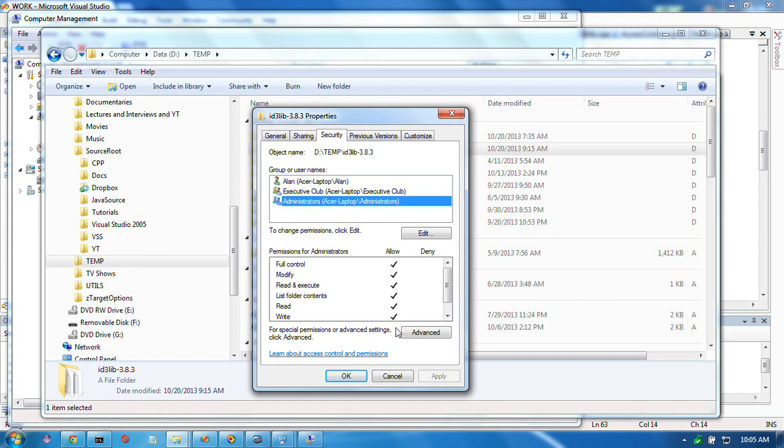So none of these allows would apply to it. Okay, now that's what I wanted. So administrators full access, but poor old Alan can't use it, right? Executive club full access, okay, and little Alan can read but not write.